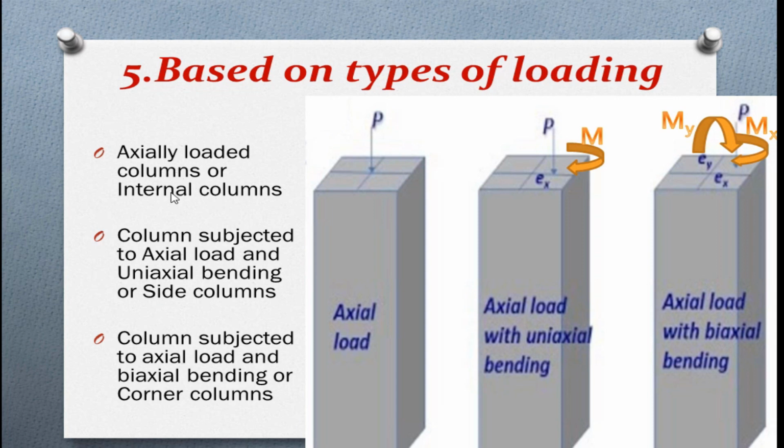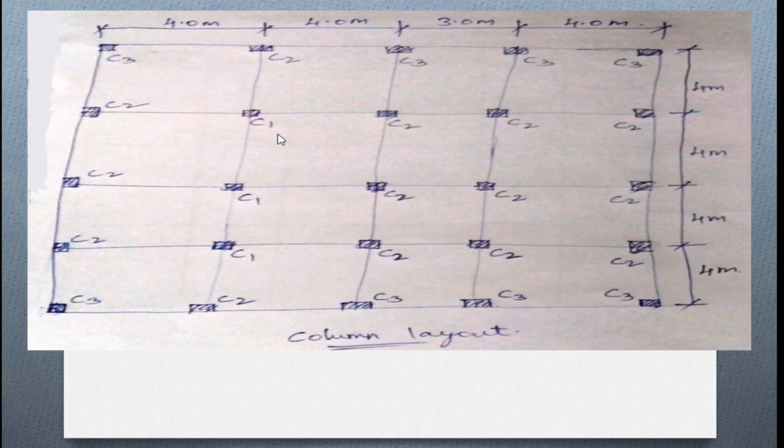Here I have shown the terms internal columns, side columns and corner columns. We will see this clearly with the layout. This is the column layout, you can see here.